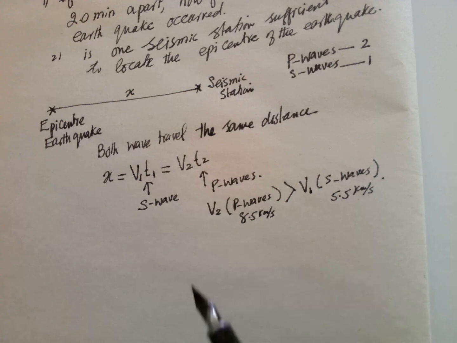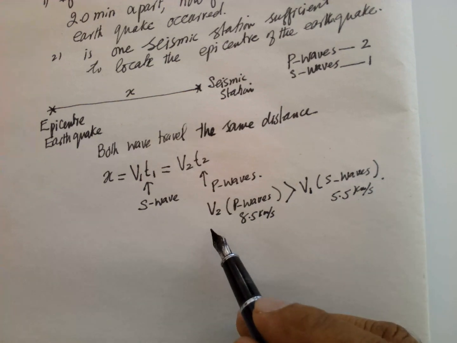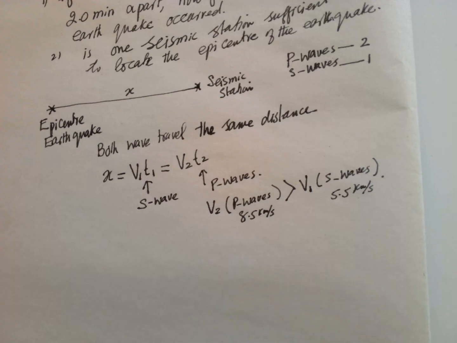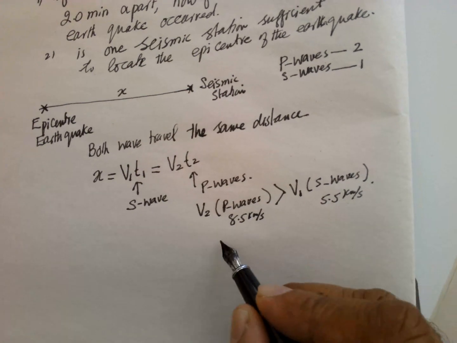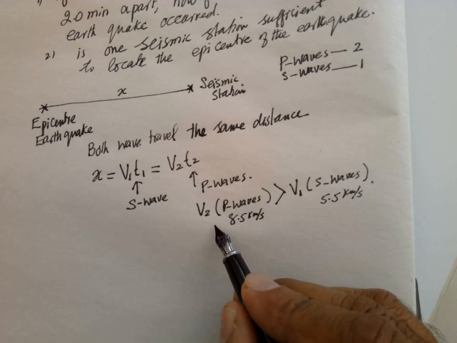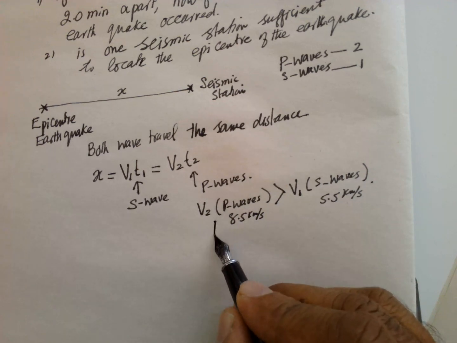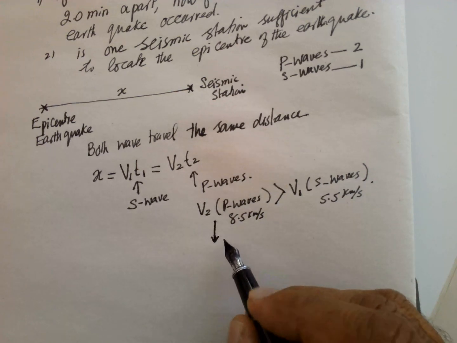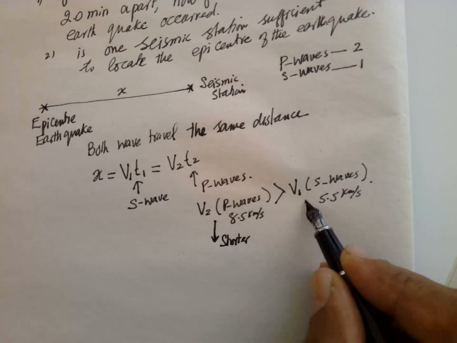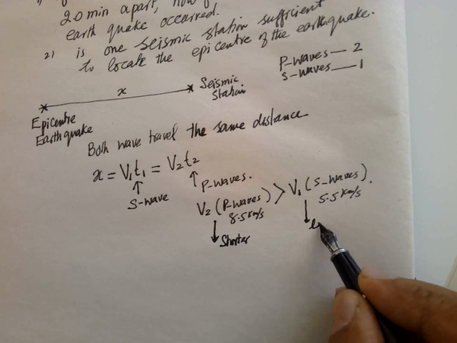If V2 is greater than V1, then the P wave is faster. It will take a shorter time, and the S wave will take a larger time.